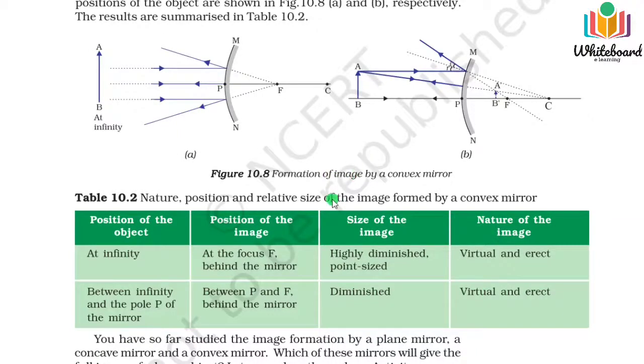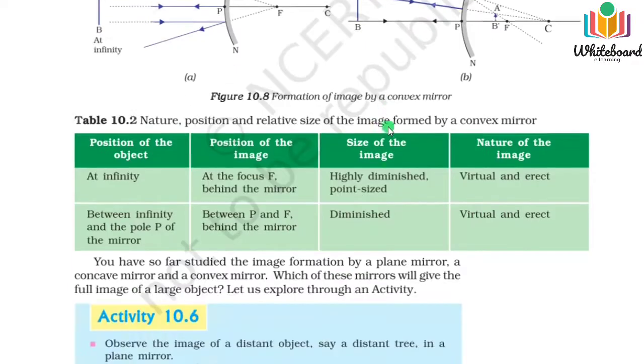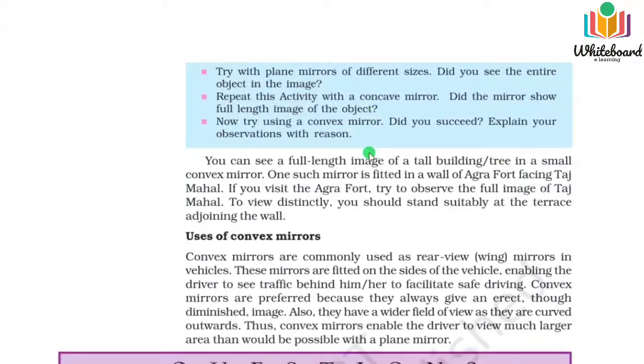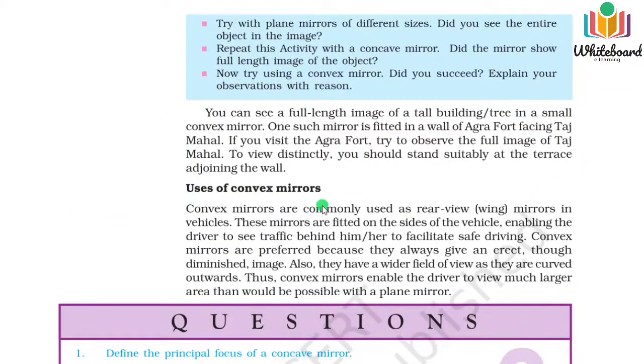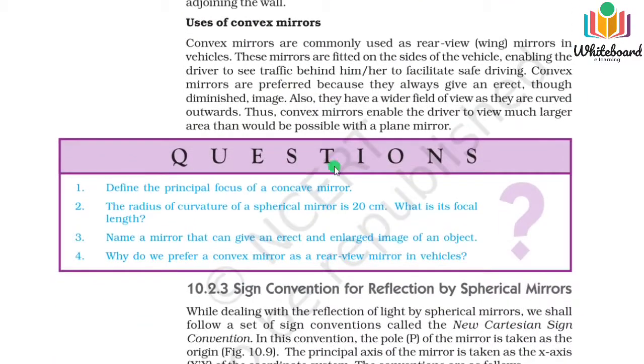But here, in between infinity and pole, all the cases will be similar. So if you just remember one figure, then it will apply for all the other positions of the object also. Now these are uses of convex mirror, so go through it, it is simple.